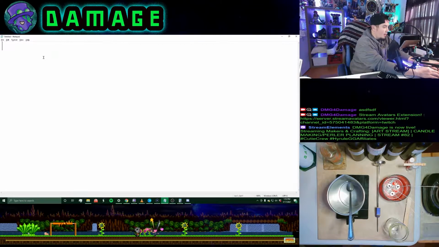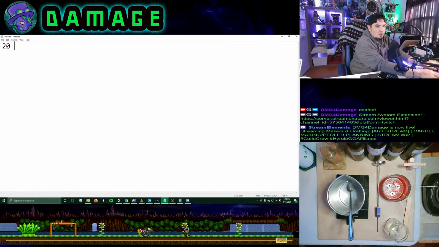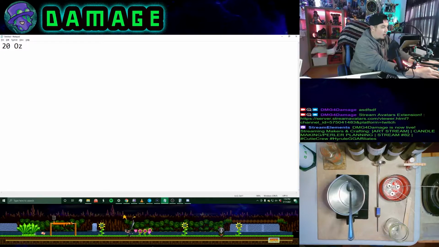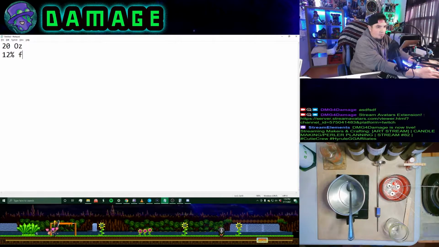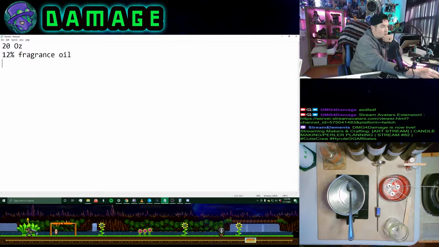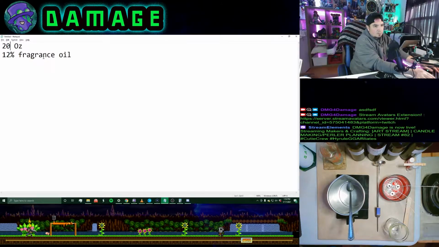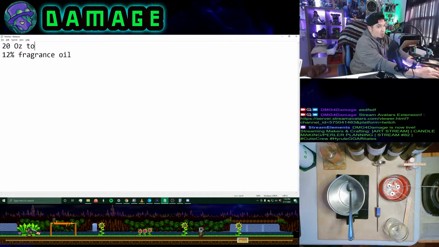So we're going to do 20 ounces at 12% fragrance oil. Anything higher than that, it just kind of burns off and settles on top. So 20 ounces total is actually what I need.